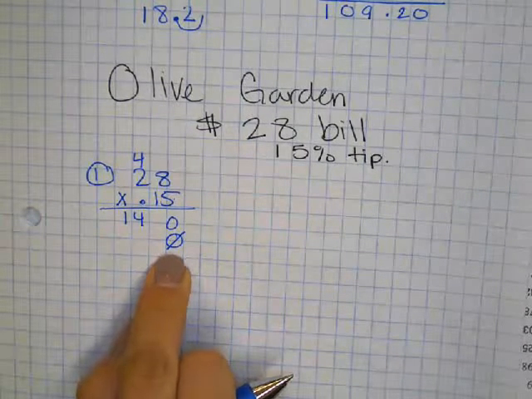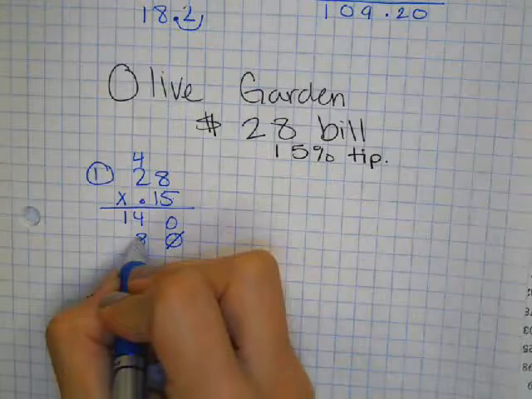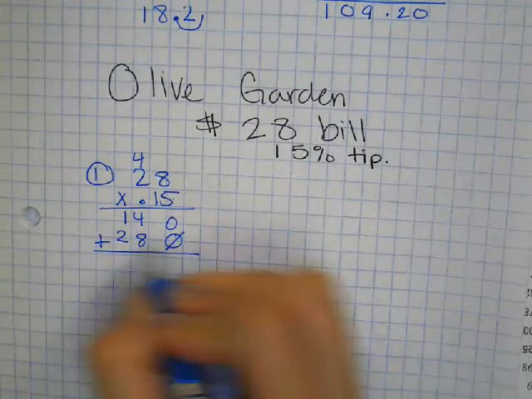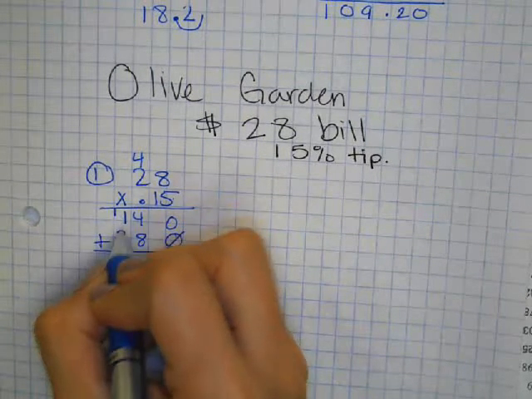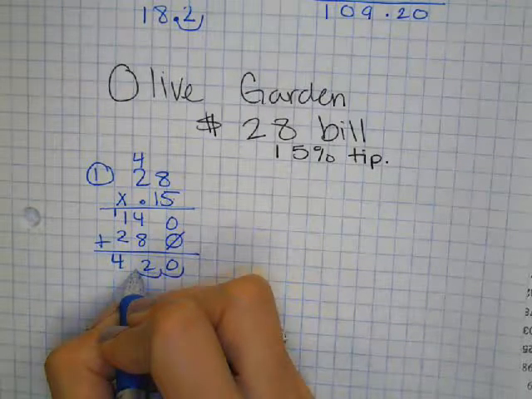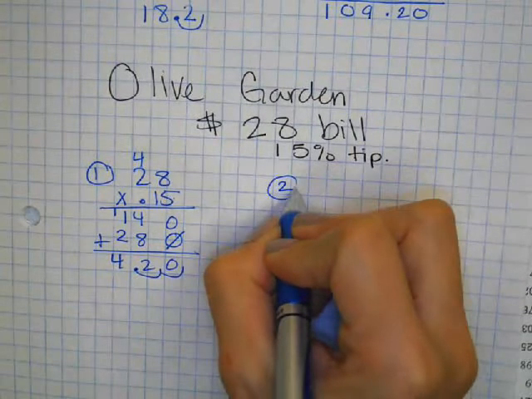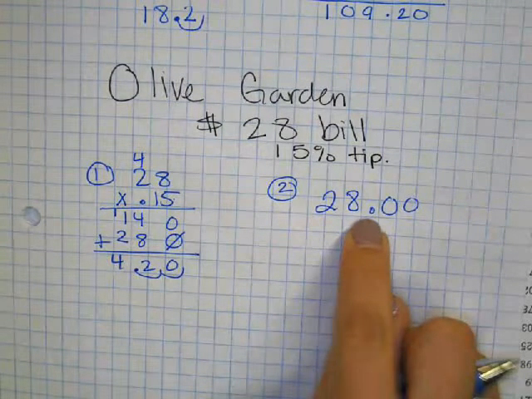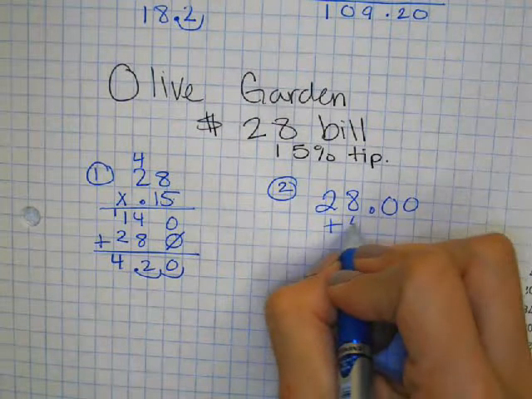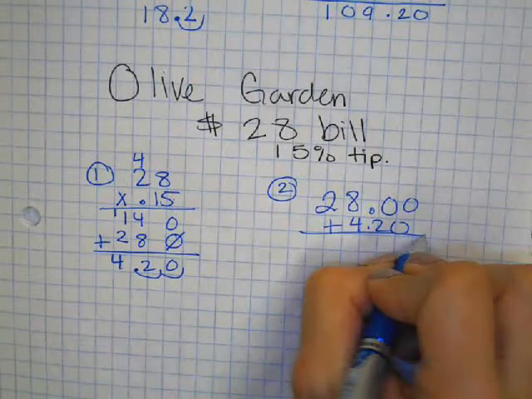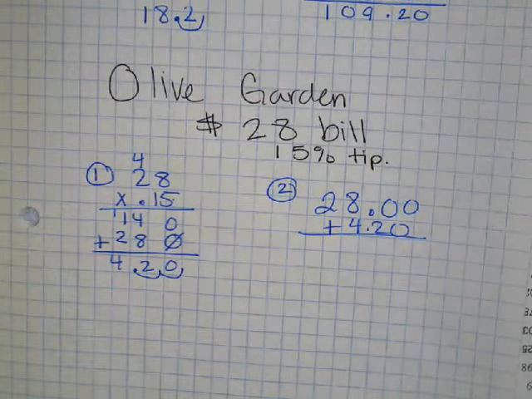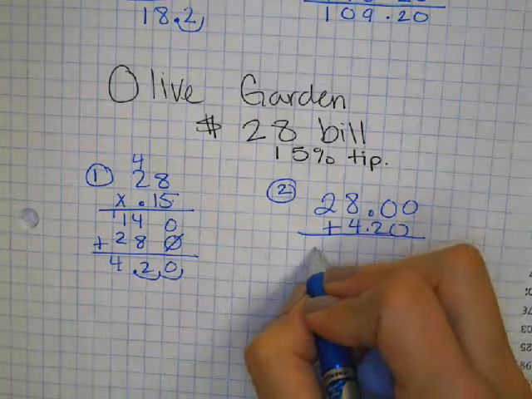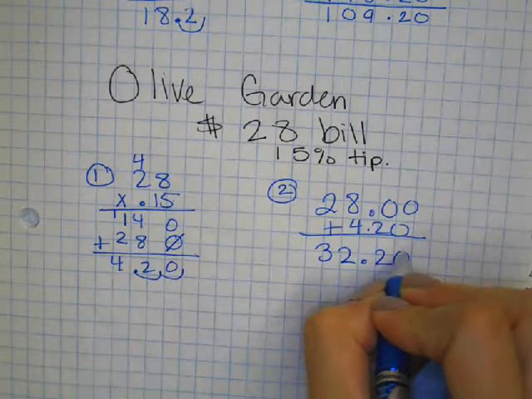Did you put the 0 placeholder? All right, what's my second step? Add or subtract? So I have $28. I added the decimal and the 2 zeros, and I'm going to add $4.20. And who would like to tell me what is their final answer? Saul? Good job.